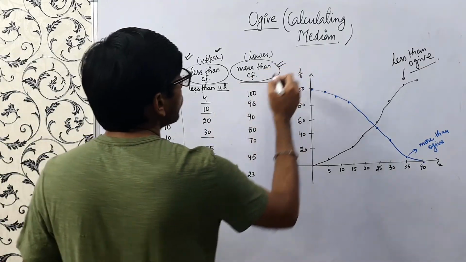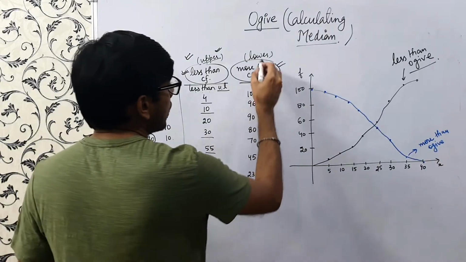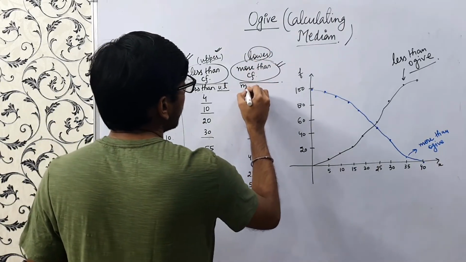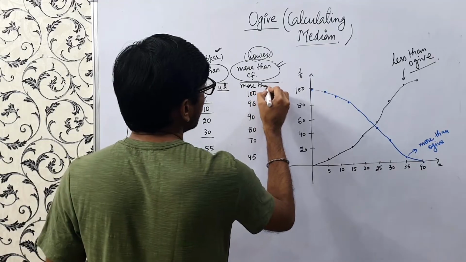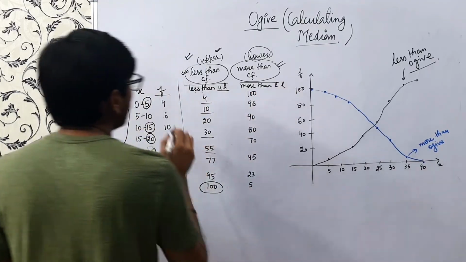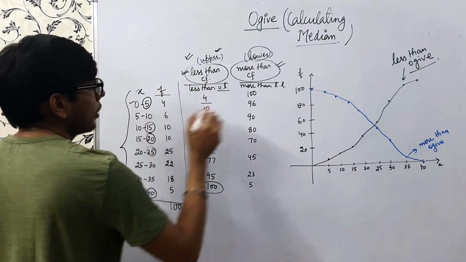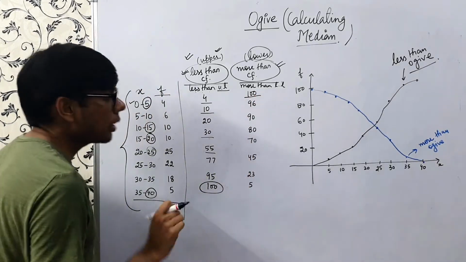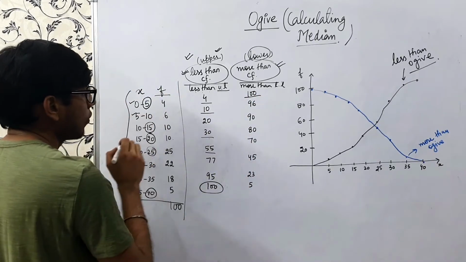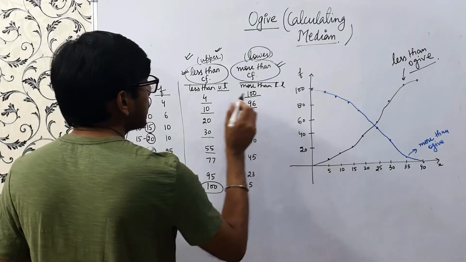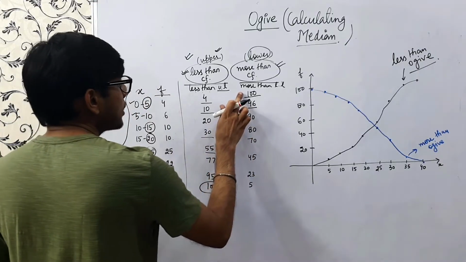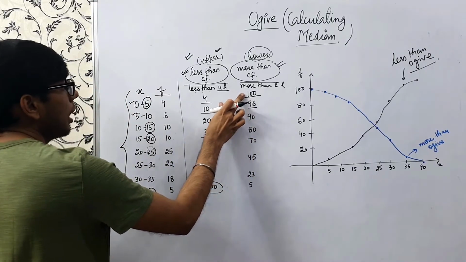Now just opposite to it, we have more than cumulative frequency. So we have to take the lower limit, more than lower limit. This is more than 0, that is 100. All the observations would be greater than 0. More than 5, there are 96. Why 96? There are a total of 100.